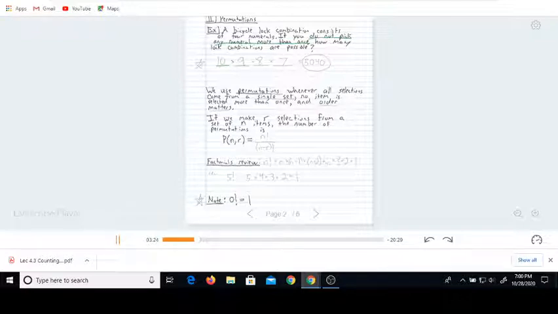Well, you still got to pick 4 numerals, and we're still using that multiplication principle. So for the first number, we have 10 choices, 0 through 9. Now, once you pick a number, you cannot pick it again. No repeats, because it says here you're not picking any numeral more than once. So if you picked 1 out of the 10, that means there's 9 left. And then once you pick another one, there's only 8 left.